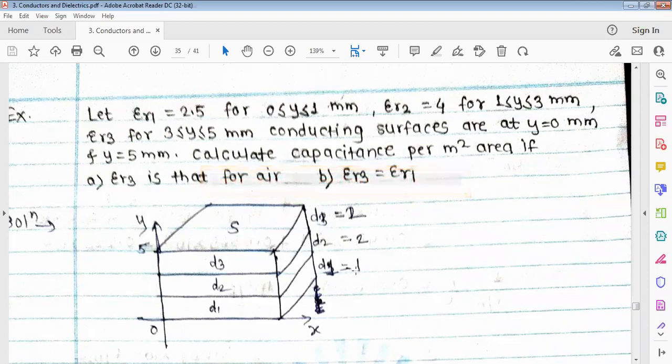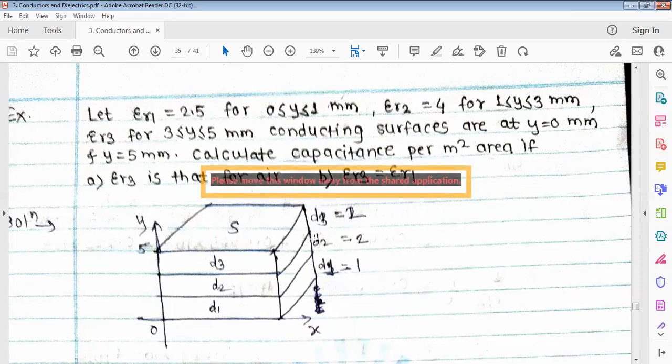From 0 to 1 it is 1 mm total. From 1 to 3 it is 2 mm, and the third layer is from 3 to 5. Here it is 3 and the last is 5. So from 3 to 5 the total distance d3 is equal to 2 mm, and we have to find the capacitance.